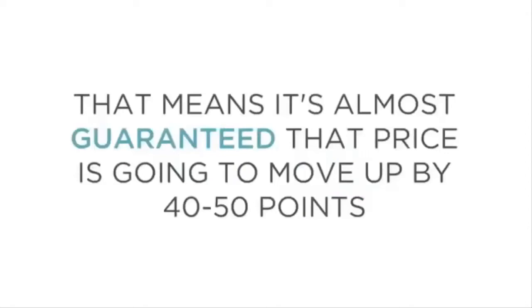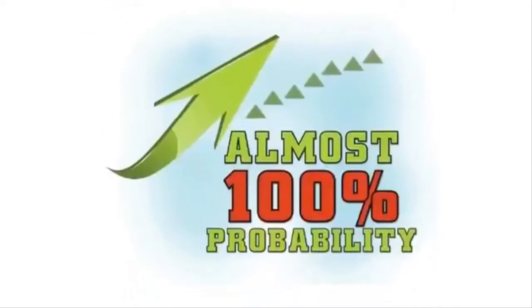That means it's almost guaranteed that price is going to move up by 40 to 50 points. If you're in the middle of an uptrend, the probability of price continuing to move up over the next 60 seconds is almost 100%. Yet you only need it to move up by 1 single point. Think about that for a moment.